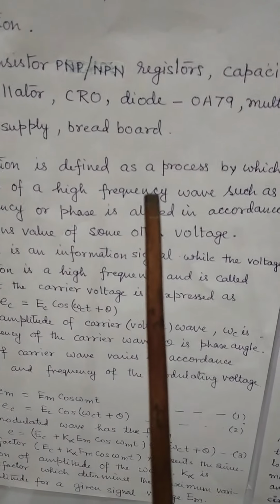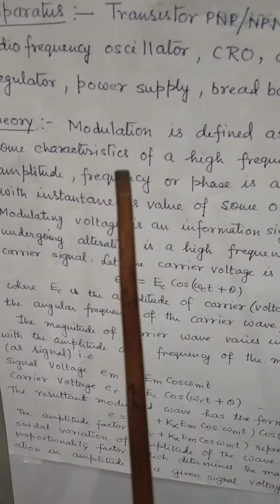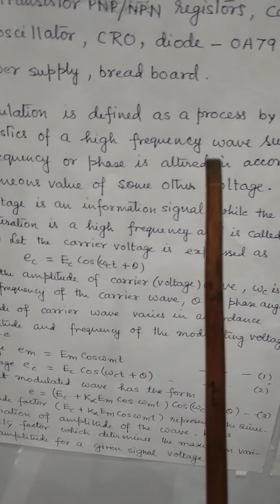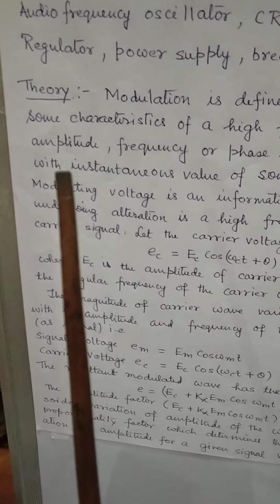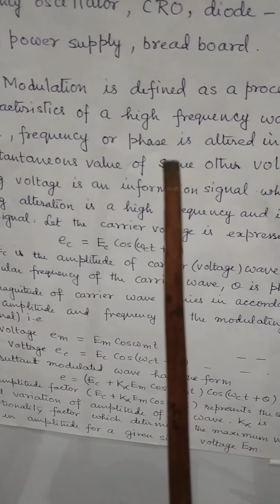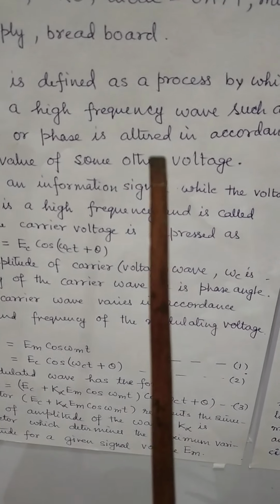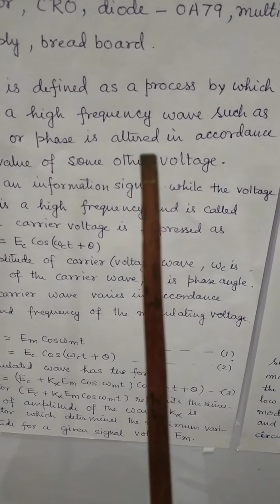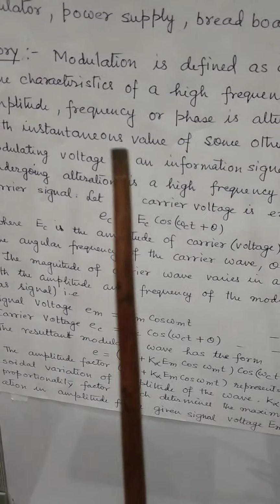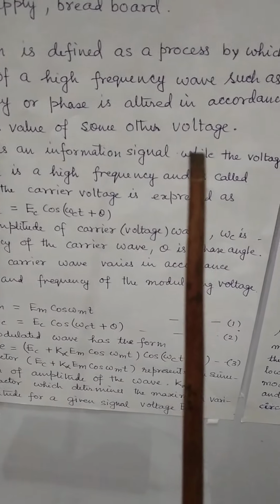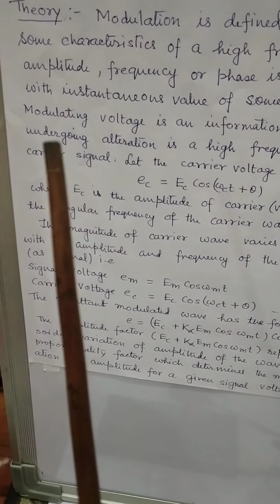Modulation is defined as a process by which some characteristic of a high frequency wave, such as amplitude, frequency or phase, is altered in accordance with the instantaneous value of some other voltage.